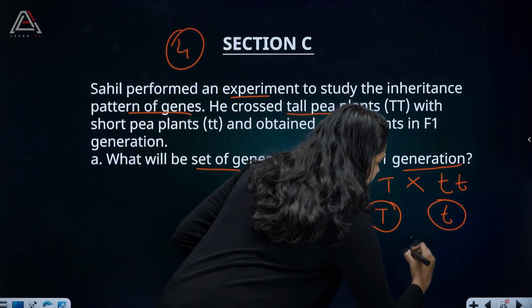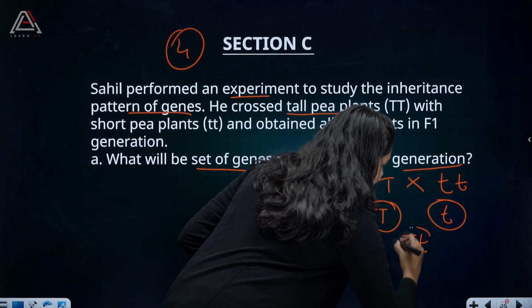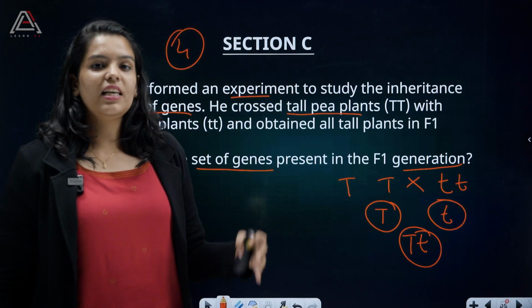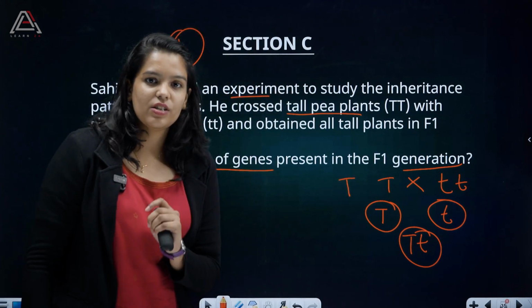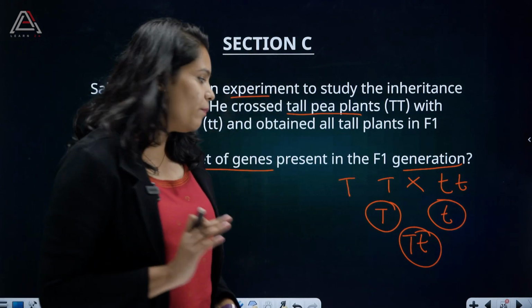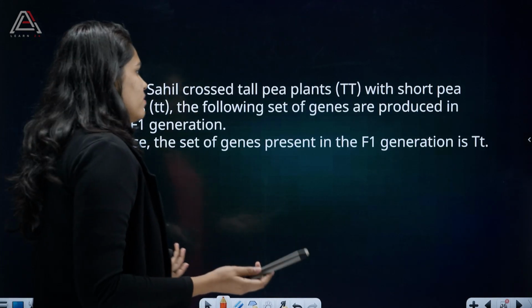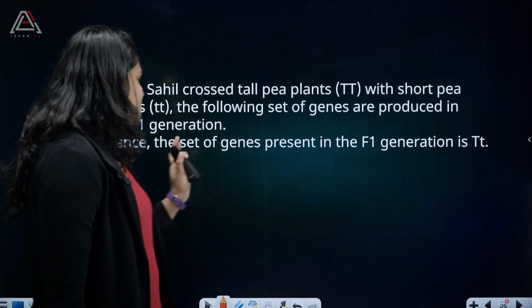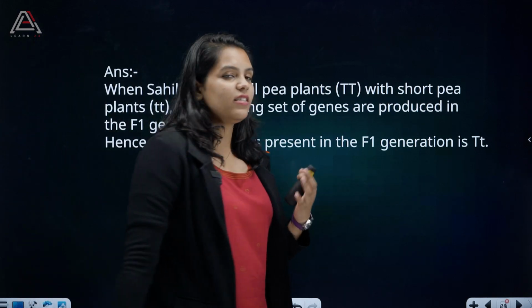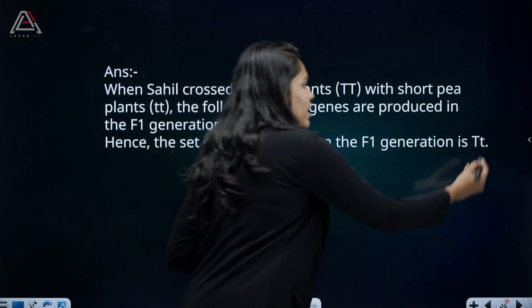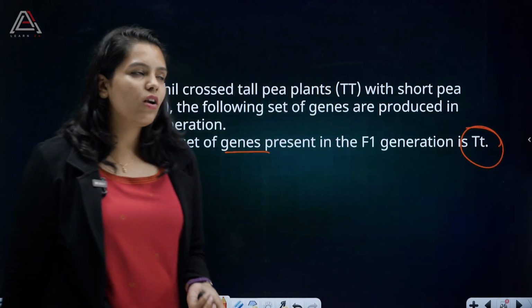So we will be getting capital T and small t in the F1 generation, which is nothing but the tall pea plant. Okay, clear with the first part? You can see in the answer they have mentioned that the set of genes present in the F1 generation is nothing but capital T and small t.